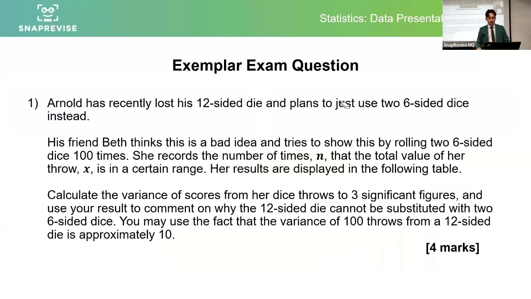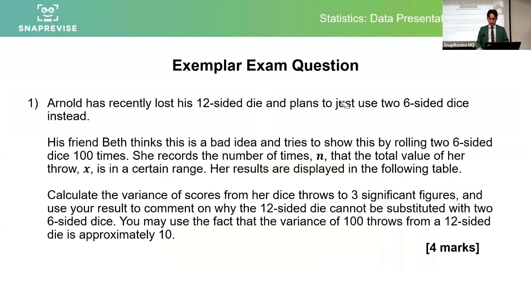Arnold has recently lost his 12-sided die and plans to just use two 6-sided dice instead. So his friend Beth thinks that this is a bad idea and tries to show by rolling two 6-sided dice 100 times. She records the number of times n that the total value of her throw X is in a certain range and displays it in the table, which we'll see.